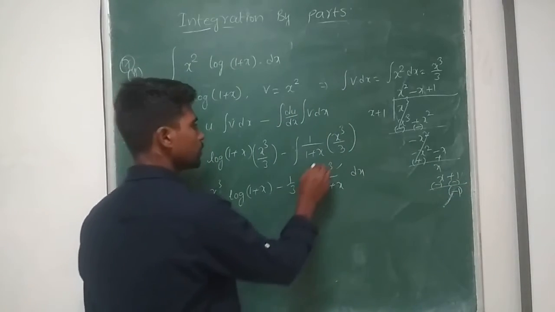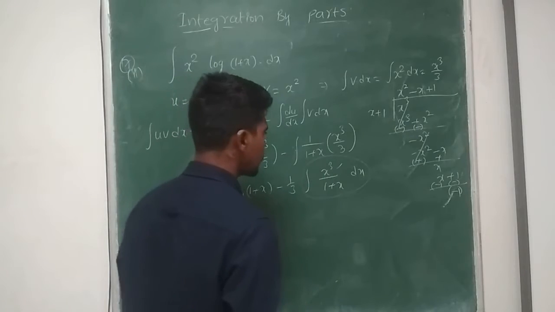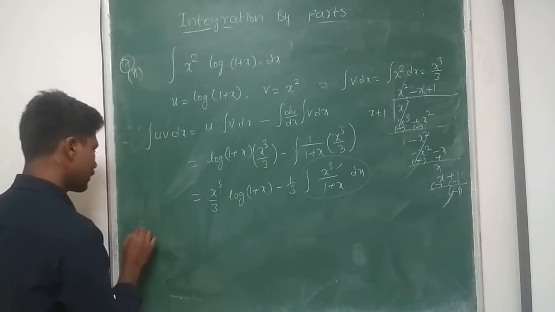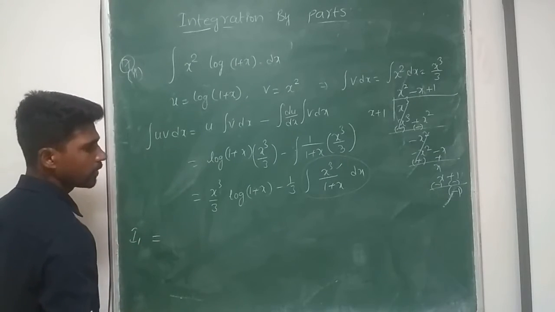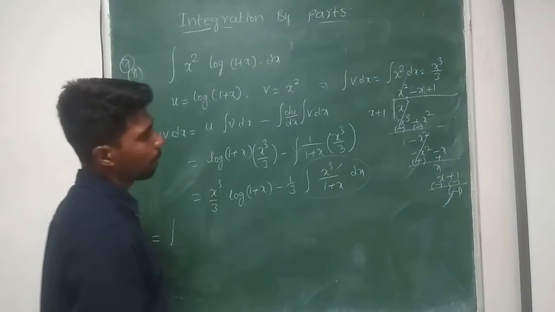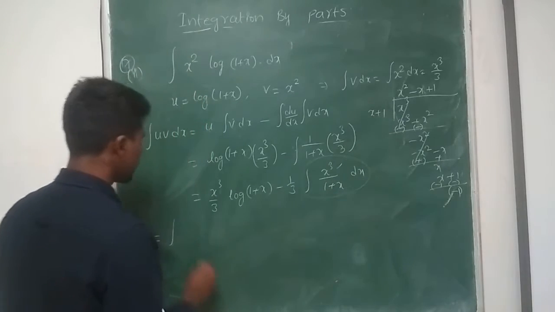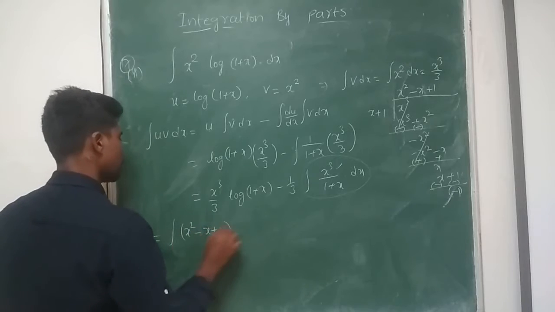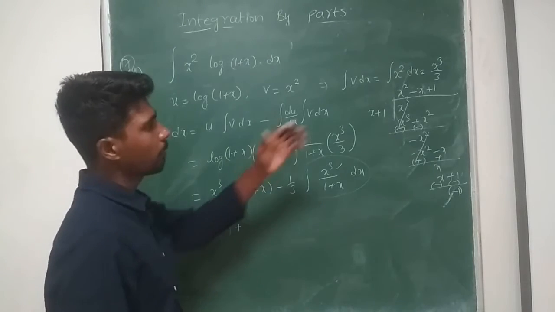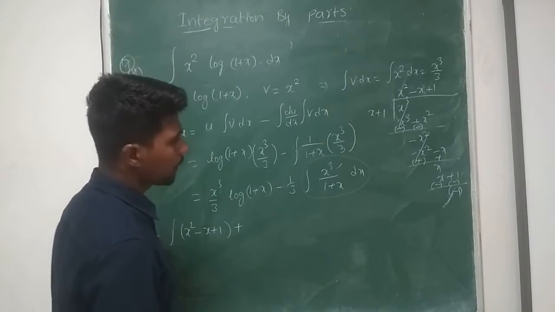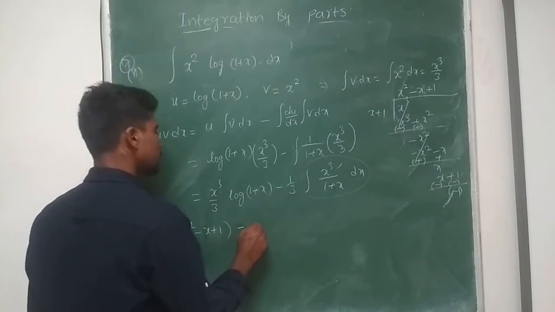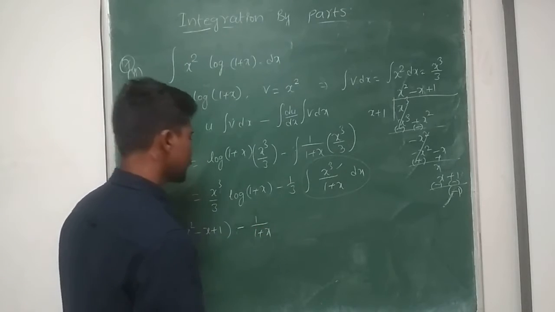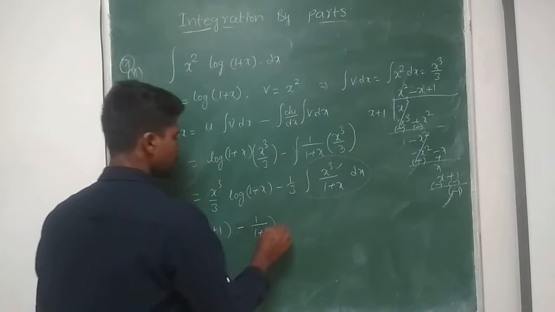So how can I find this particular thing? Consider this integral as I1. So I1 is equal to integral of the quotient x square minus x plus 1, plus remainder by divisor. What is the remainder here? Minus 1. So I use minus 1 by the divisor 1 plus x, dx.